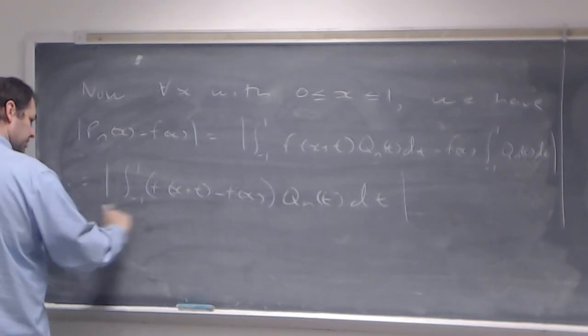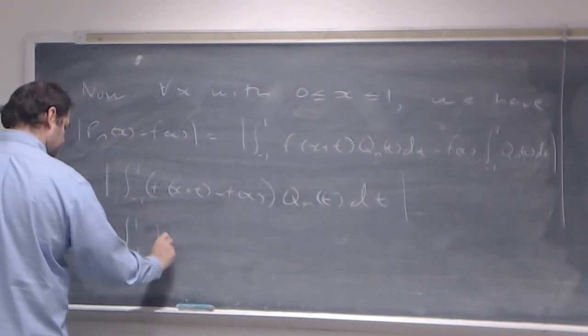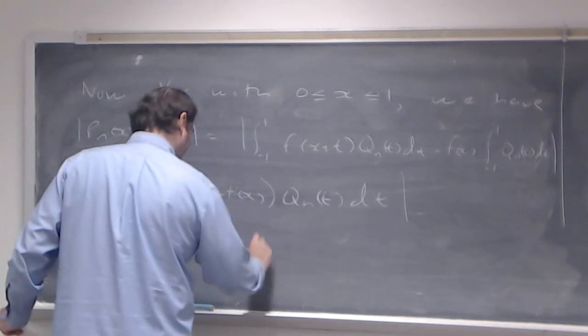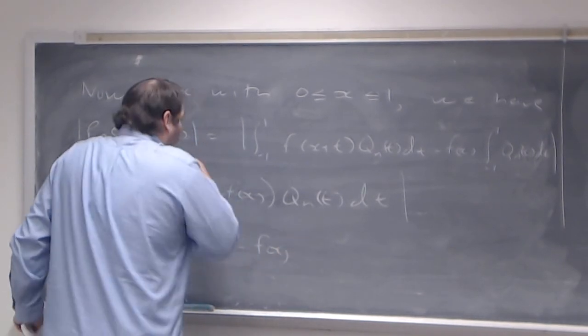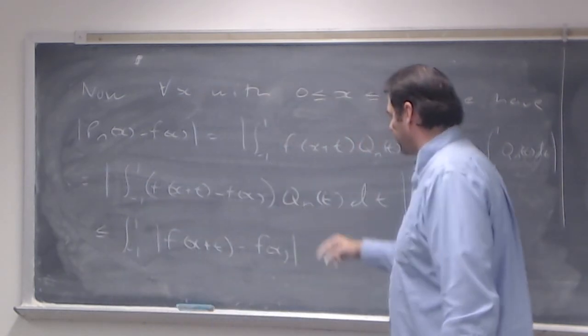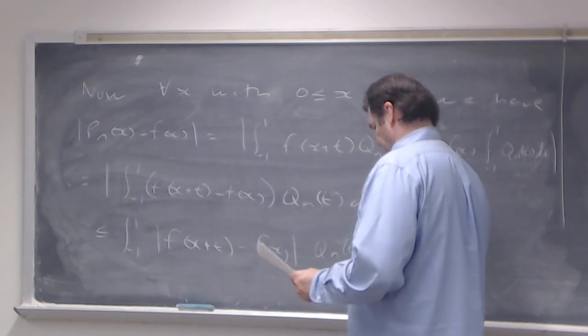which is less than or equal to, bringing the absolute values inside, the integral from minus 1 to 1 of the absolute value of f of x plus t minus f of x. Now, it would be the absolute value of q sub n, but that's positive, so it's q sub n of t dt.